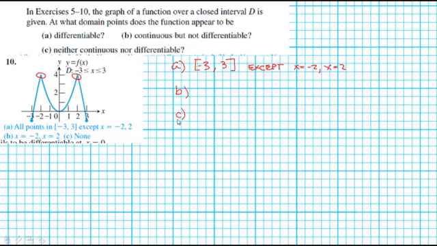What kind of not differentiable situation do we have? It's continuous but not differentiable at those 2 points. So C would be, there are no places where it's neither continuous nor differentiable. And that's problems 1 through 10 from the 3-2 exercises.